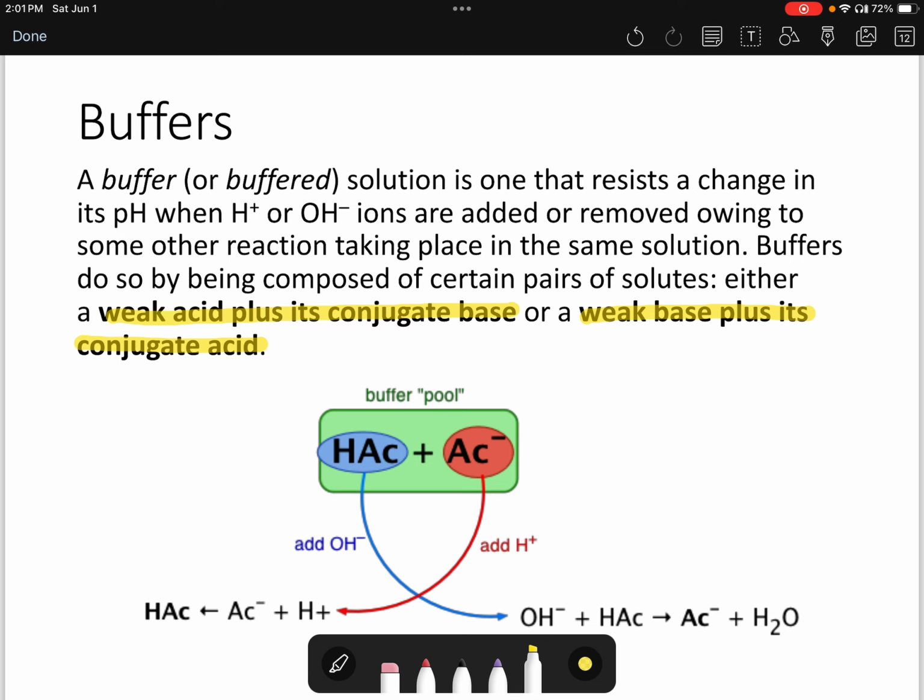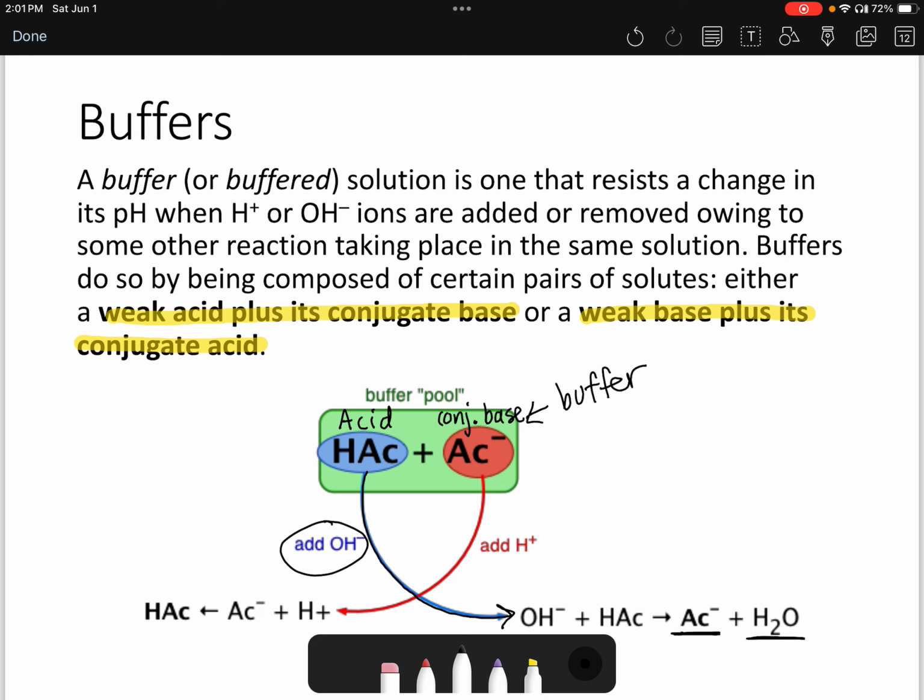So, for example, if we look at the buffer down below, we have the acid and its conjugate base. And let's say we add more hydroxide, so more base. The base is going to interact with the acid, and we're going to form more conjugate base and water. And remember, water is neutral.